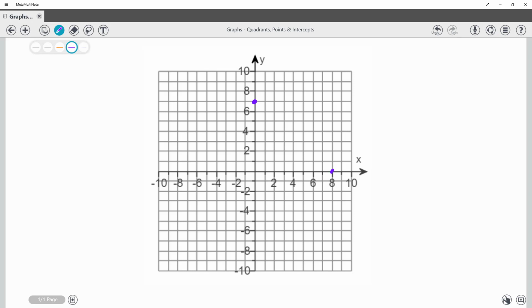So each one of these points would be called intercepts. And in this case, if I'm on the x-axis, this would be my x-intercept. If I'm on the y-axis, then this would be my y-intercept.